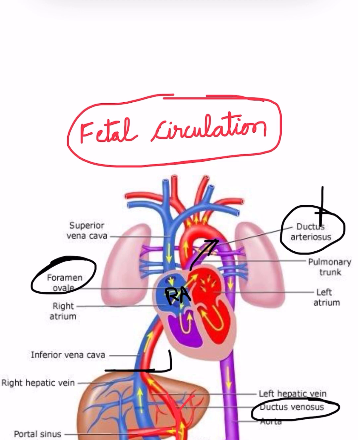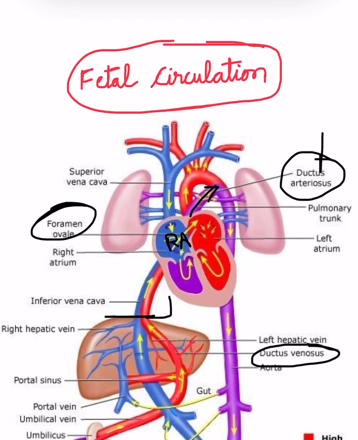And when the left atrium gets contracted, the blood from the left atrium is pushed into the left ventricle with the help of the mitral valve. From the left ventricle, the main outflow tract is the arch of aorta and descending aorta. With the help of the aorta, the blood is supplied to all parts of the fetus, and there is a connection between the pulmonary artery and the descending part of the aorta with the help of this ductus arteriosus.